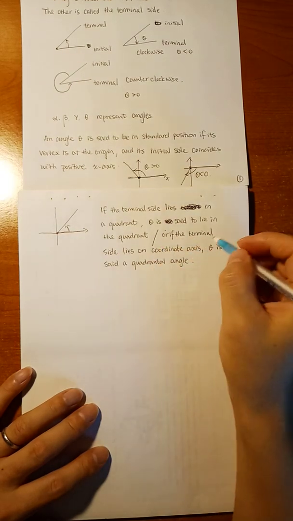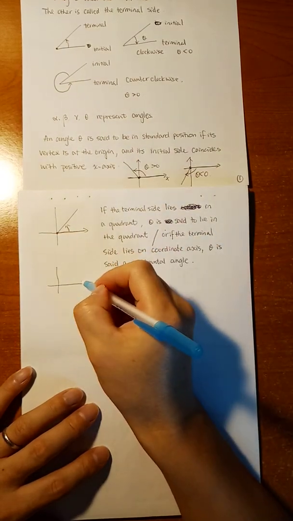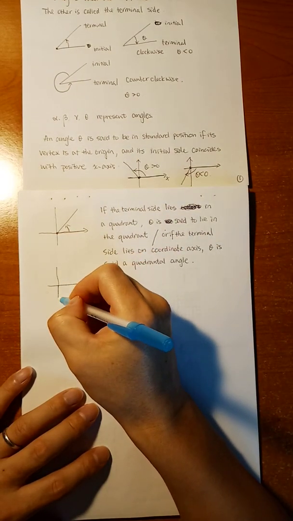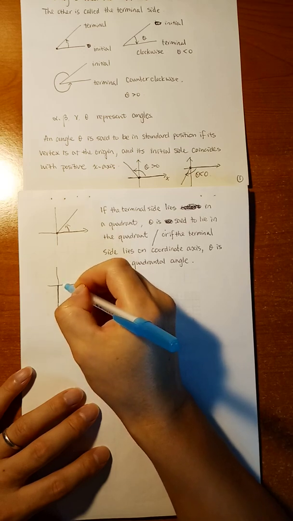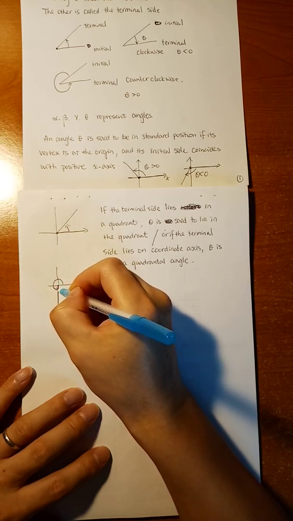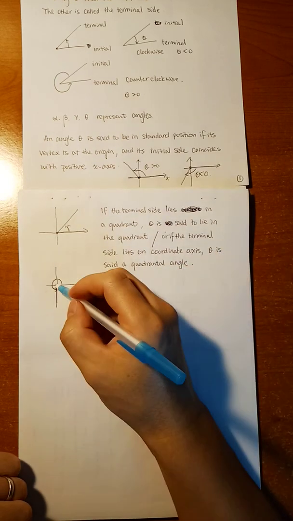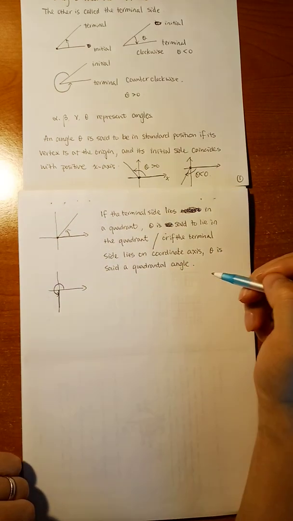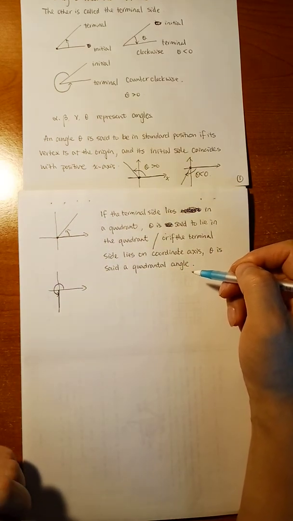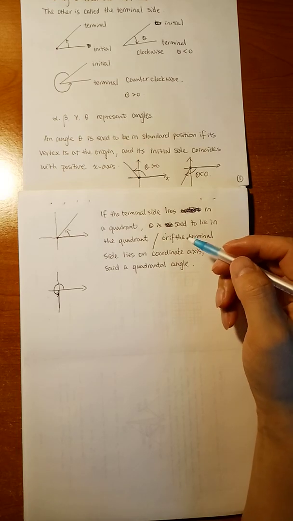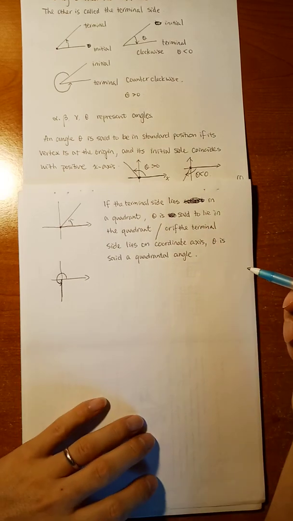For example, you have this one. This is a quadrantal angle. The terminal side is the negative y-axis. So you have an angle that lies in a quadrant, or a quadrantal angle.